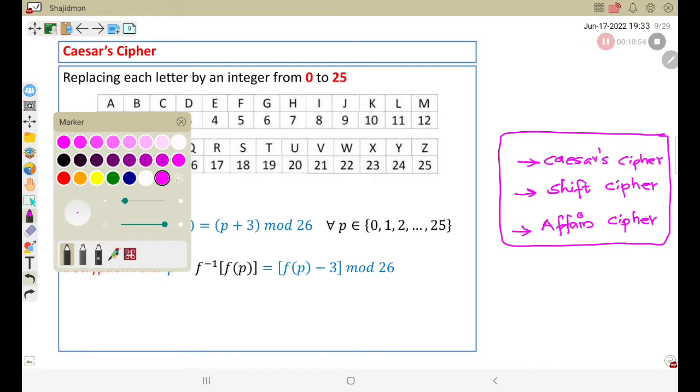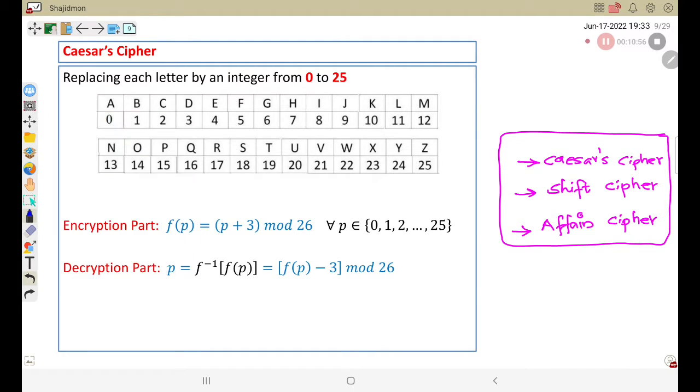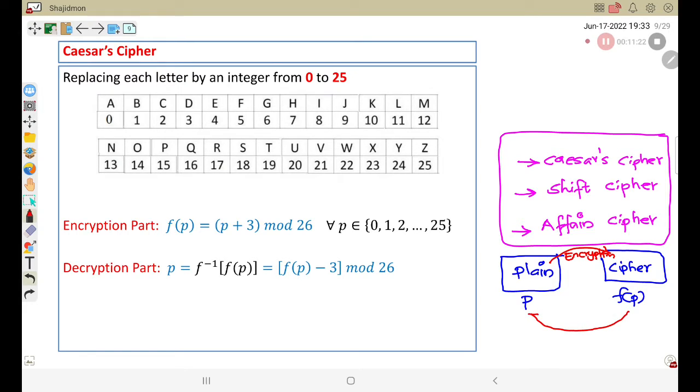And once again remember the meaning of encryption and decryption when doing questions. We get plain text, which we call P, and cipher text, which we represent f of P. Changing plain text to cipher text is encryption, and the inverse process, f of P back to P, is decryption.